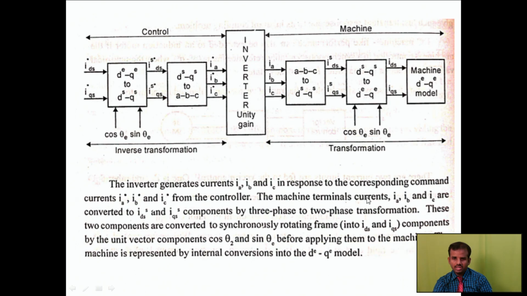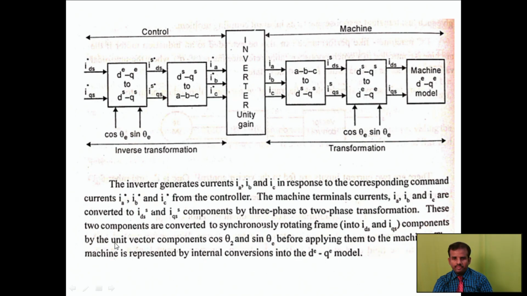The machine terminal currents IA, IB and IC are converted into direct and quadrature axis components, that is IDS star and IQS star, by the 3-phase to 2-phase transformation. These two components are then converted into the synchronously rotating frame, that is into IDS and IQS components.